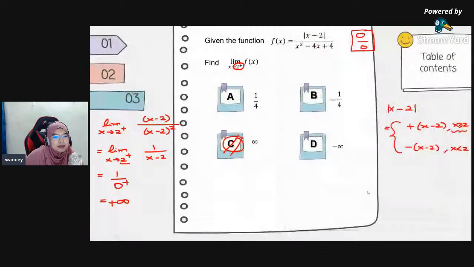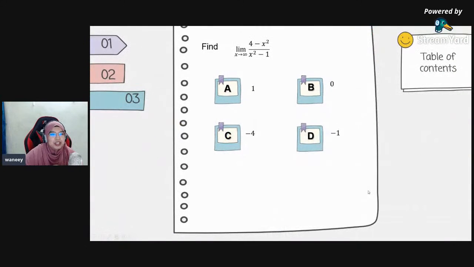Okay, next. The next question. This is question number 4. Okay. So, sekejap. Tunggu question 4. Satu kah? Kosong kah? Negatif 4 kah? Negatif 1 kah?